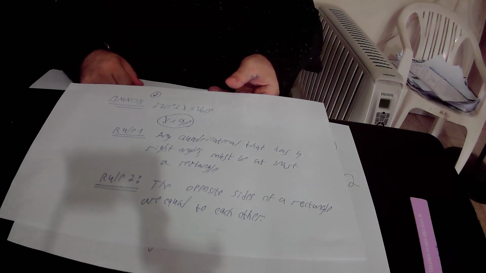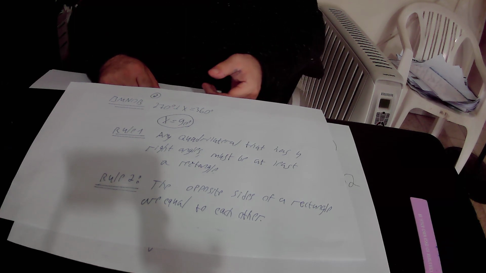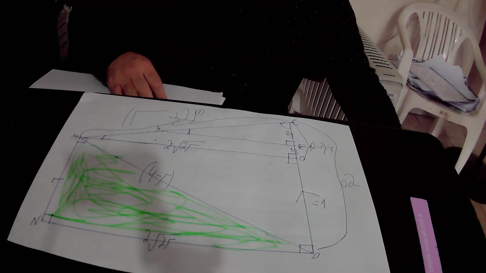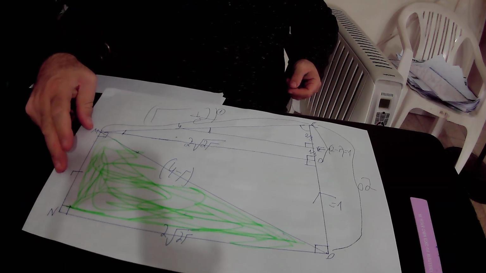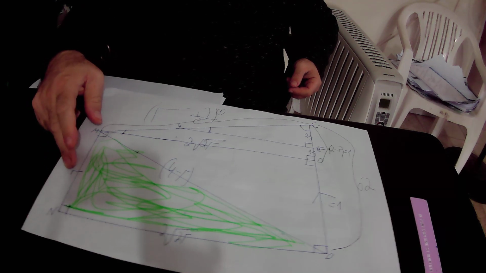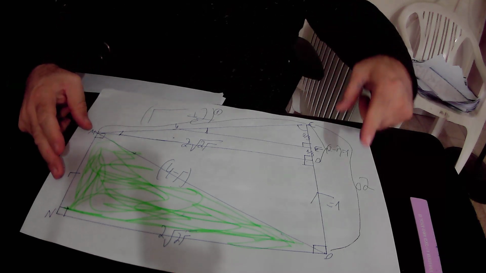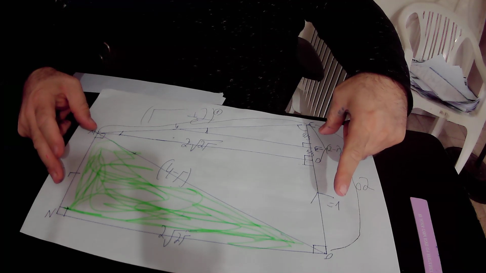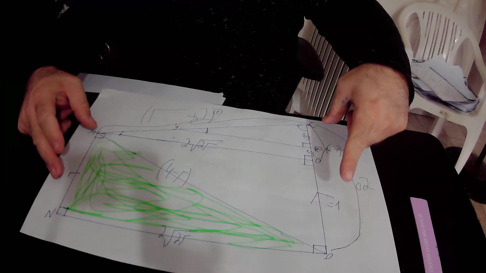And we also have rule number 2 that states that the opposite sides of a rectangle are equal to each other. And we know that MN is the radius of the small circle, that is to say it equals R. And according to rule number 2, MN equals OD, because they are two opposite sides in quadrilateral MNOD.